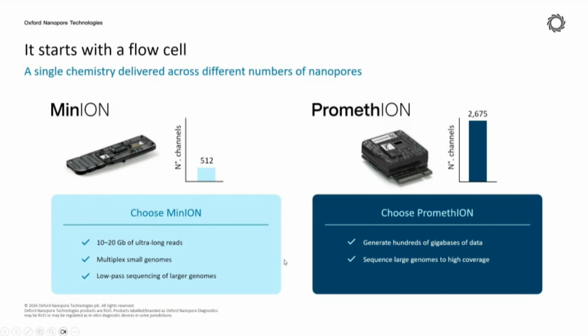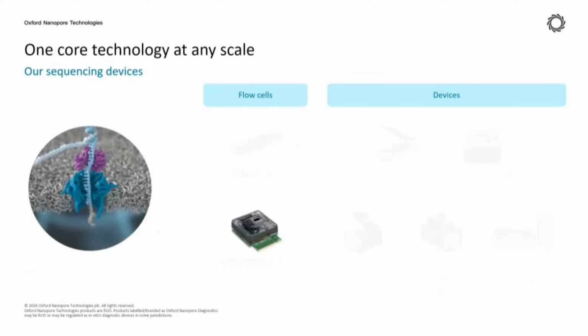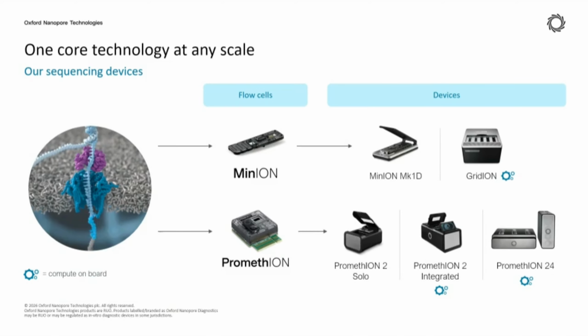Based on the selected flow cell, there are multiple sequencing devices that can be used. If we are using MinION flow cells, there are two device options. One is the MinION Mk1D, the latest model that we have right now. This one can take one flow cell at a time.